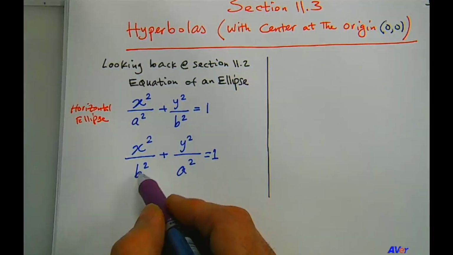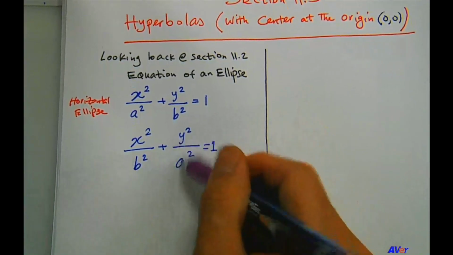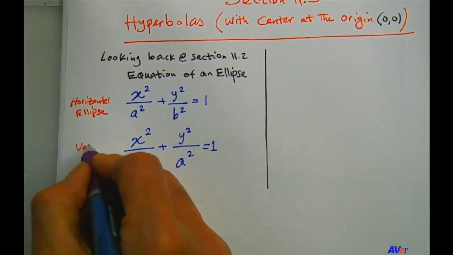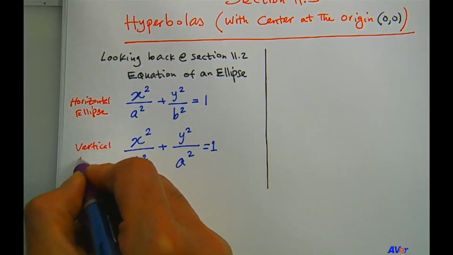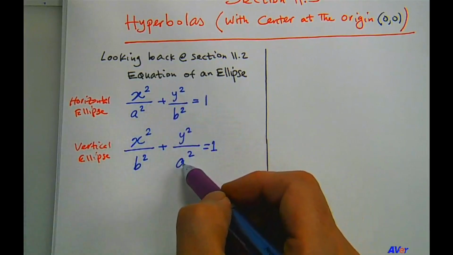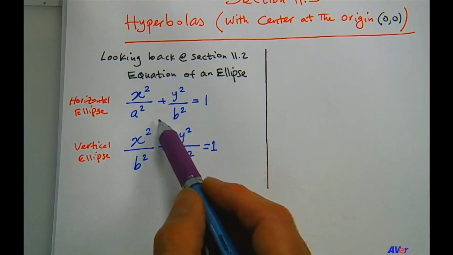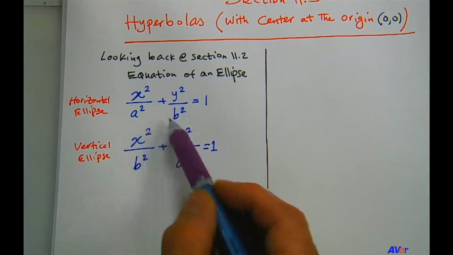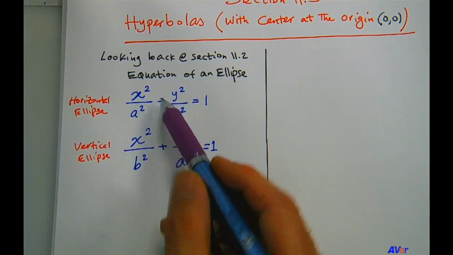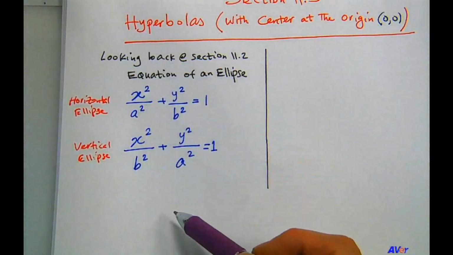This one would have a squared associated with y squared, so it would make it a vertical ellipse. It says something about the orientation of the major axis in the ellipse. But notice that the quantities a squared and b squared could change between these two fractions, and this was this ratio plus this ratio, right?